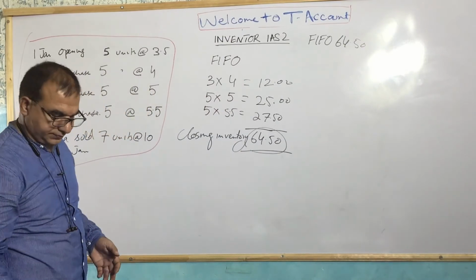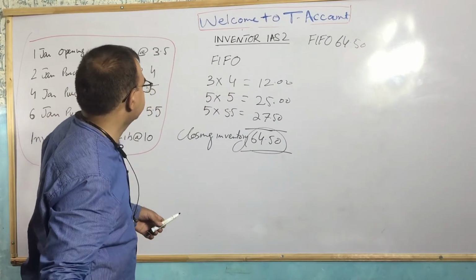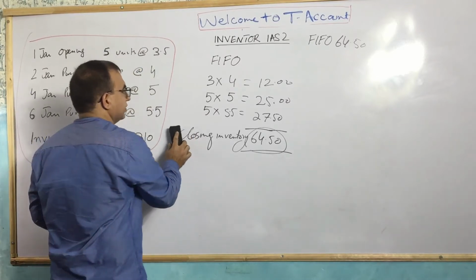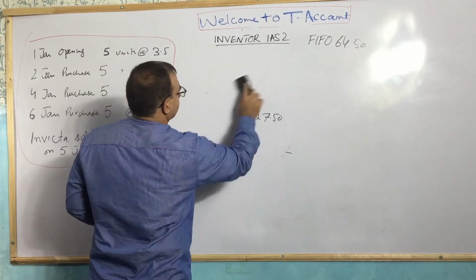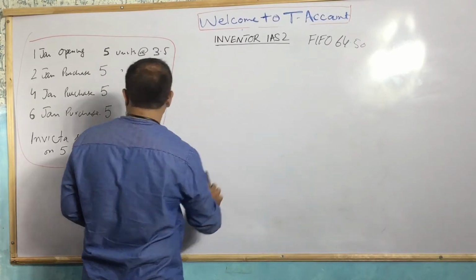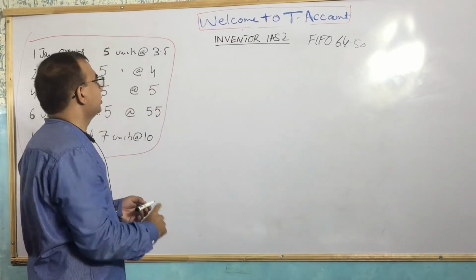Let's go to the other method. So FIFO, simple. Let's go to the other method, that is periodic average.